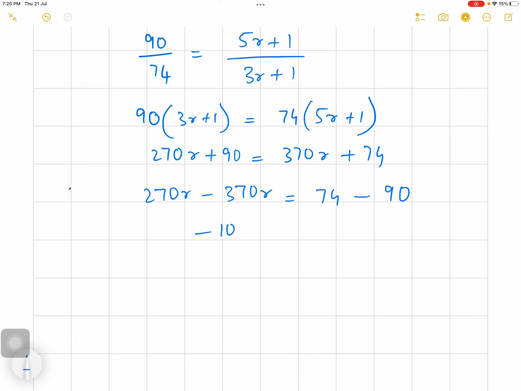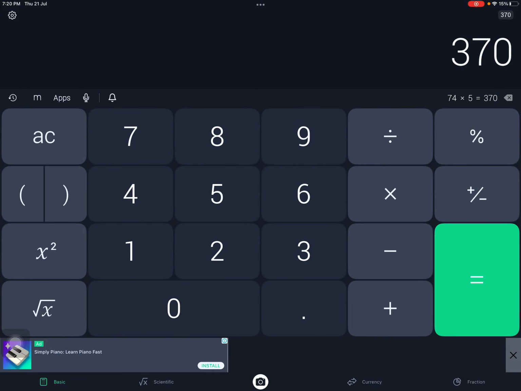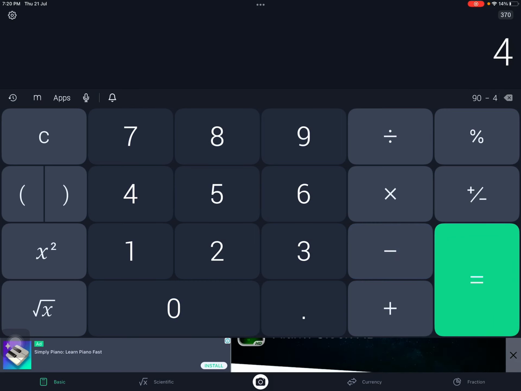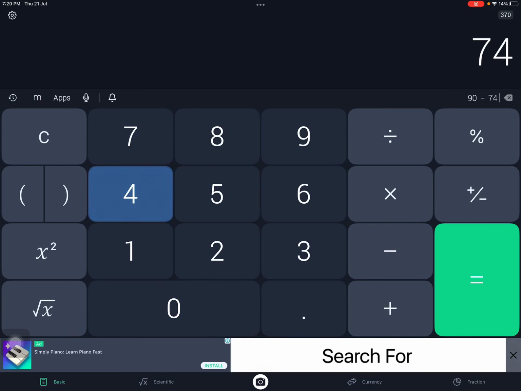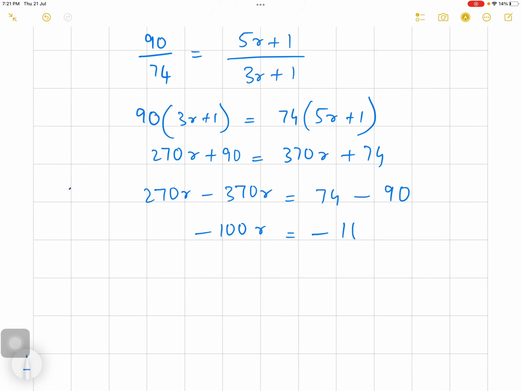270 minus 370 is minus 100R, and 74 minus 90 is minus 16.